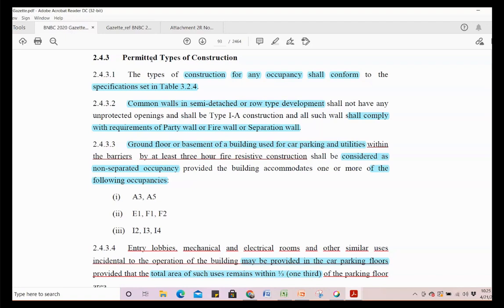2.4.3 deals with the permitted type of construction. Construction for any occupancy shall conform to the specifications set in table 3.2.4.